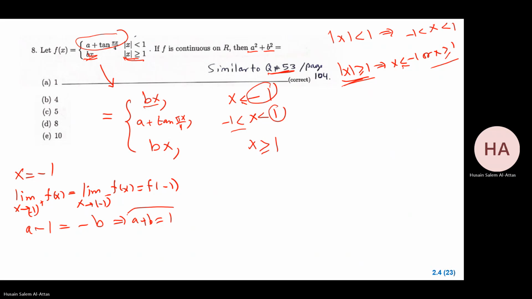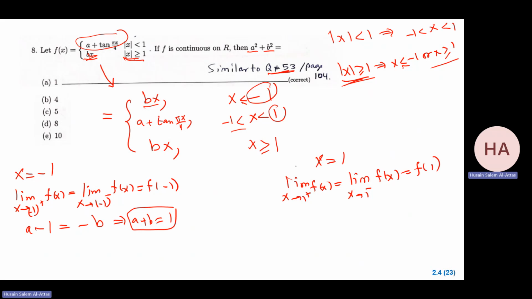That's my first equation. Now for x equal 1, I do the same. F of 1. From right, I am here. That will be b. From left, I am there. That will be a plus 1, since tan pi over 4 is only 1.